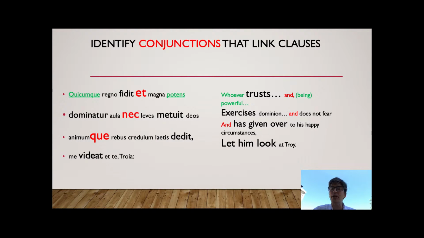So as we begin to break down this sentence, which clearly has multiple verbs, we've realized that we're going to have multiple clauses. So what we need to do is identify conjunctions that link together clauses. And you'll notice on this handout, I've given them to you in a bright red font to remind you that these guys are like little stop signs.